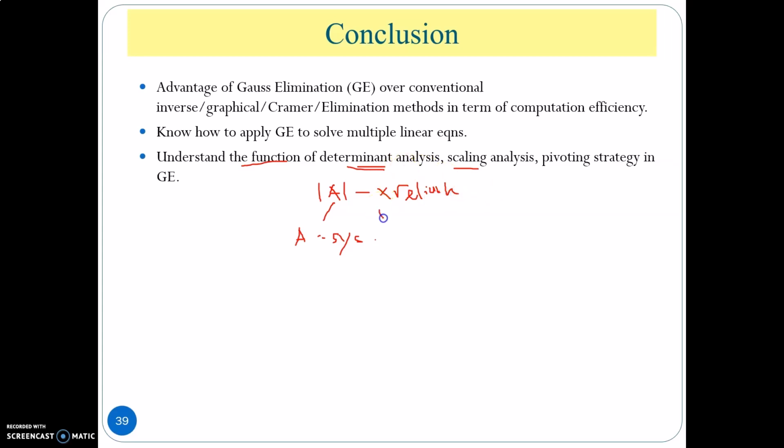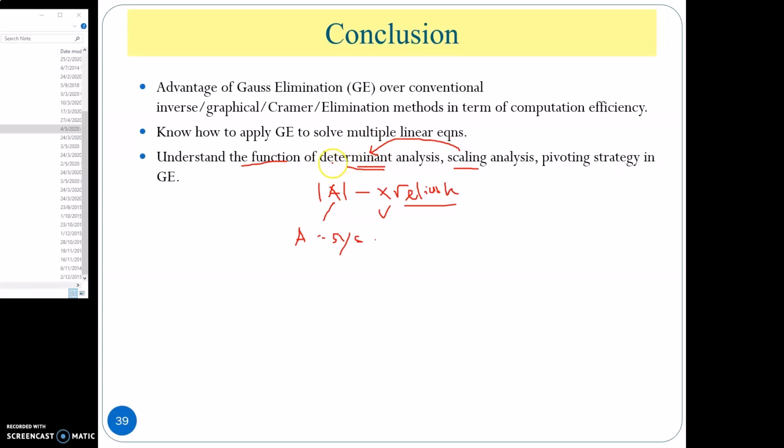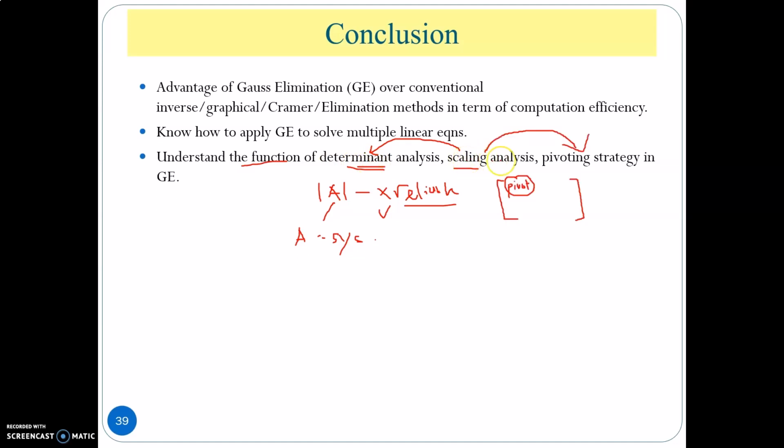With the scaling, then only is the determinant result reliable. Scaling has two functions. One is to standardize the size of the determinant so that you can correctly perform the determinant analysis to tell the actual system condition. The second function for the scaling analysis is to check whether you need to perform the pivoting strategy or not.